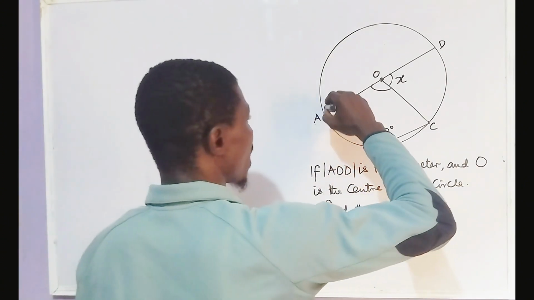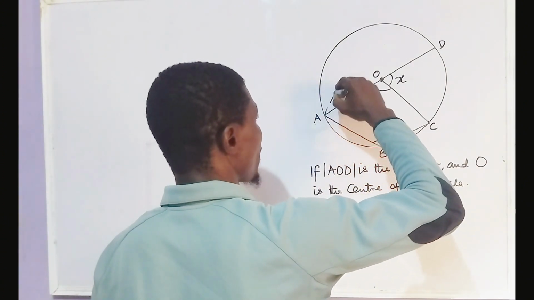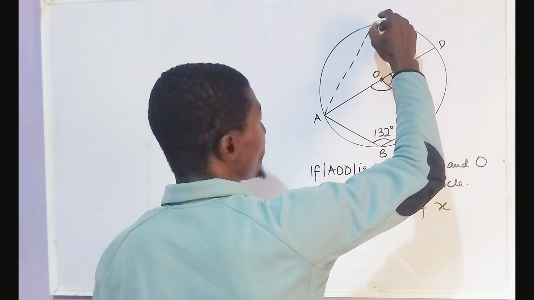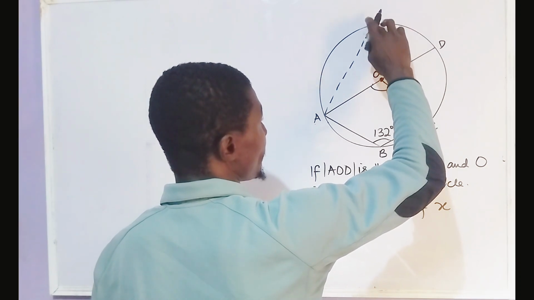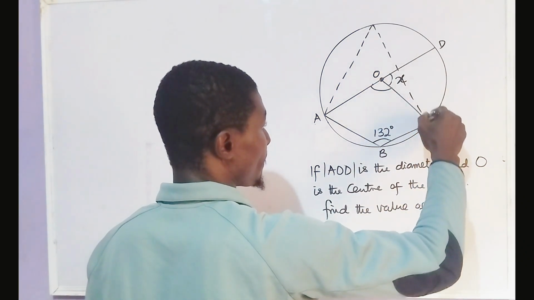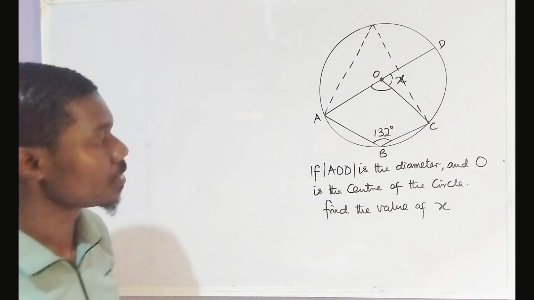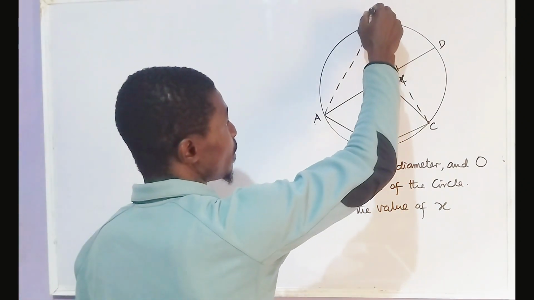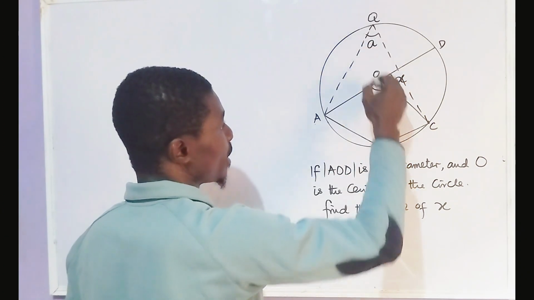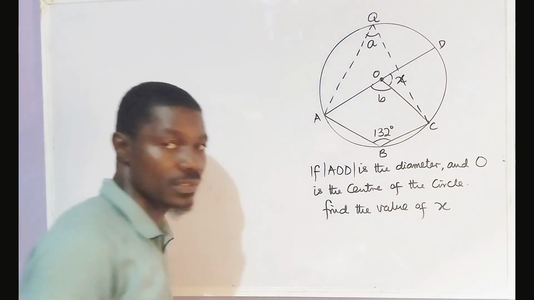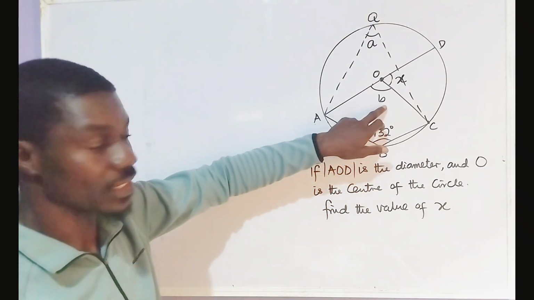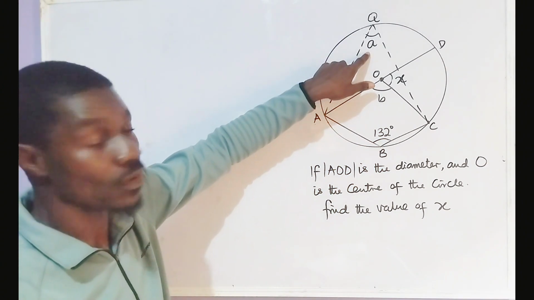Let us generate another angle at the circumference here. Let us name this one Q, and let us put this one here A, and let us make this one B. Now for us to get this, we need to find A. Why?